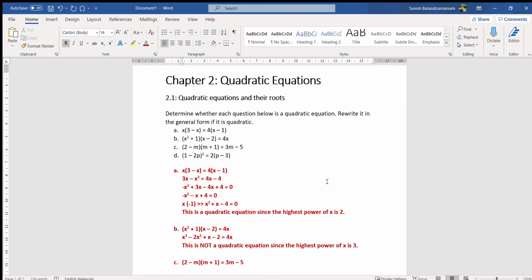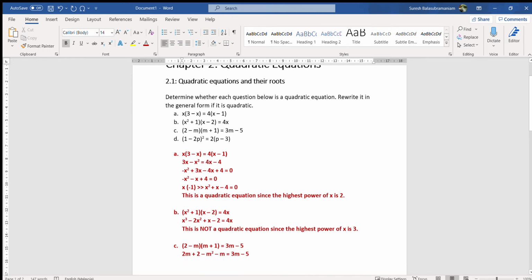First of all, I'll open the brackets, expand the equation, so I'll get 2m plus 2 minus m square minus m equals to 3m minus 5. Okay, so I will try to rearrange the equation with the highest power of m at the beginning, and bring all the terms to my left.